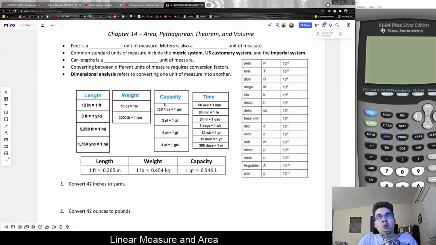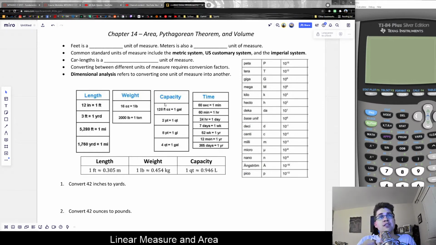For example, one of the most common standardized measurements is a foot. If you think about how much a foot is, you can probably imagine measuring something like that. But you could also think about what we call a non-standardized unit of measure. If you think about how long your foot is, not everybody's feet have the same length. But the idea of what a foot was in its original conception is that it's approximately the size of someone's foot.